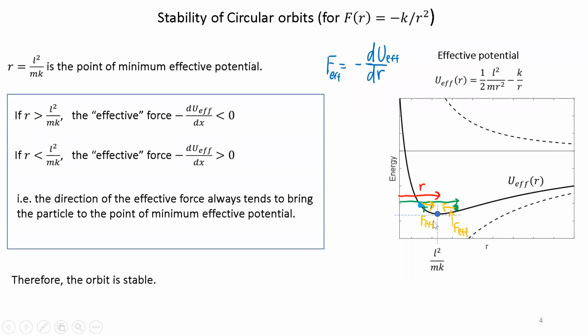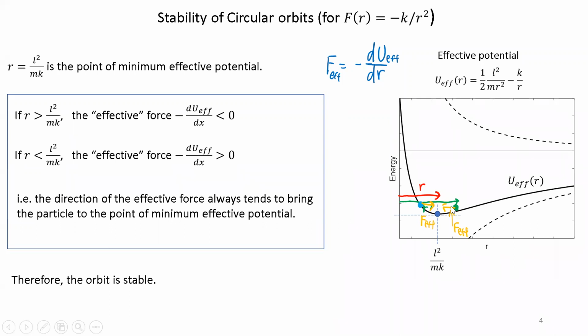Okay. So actually from this picture, it's really easy to see. You just need to remember that the particle always wants to go to the point where the potential energy is the lowest. So if you are here, you try to go to the position where the potential is lowest.